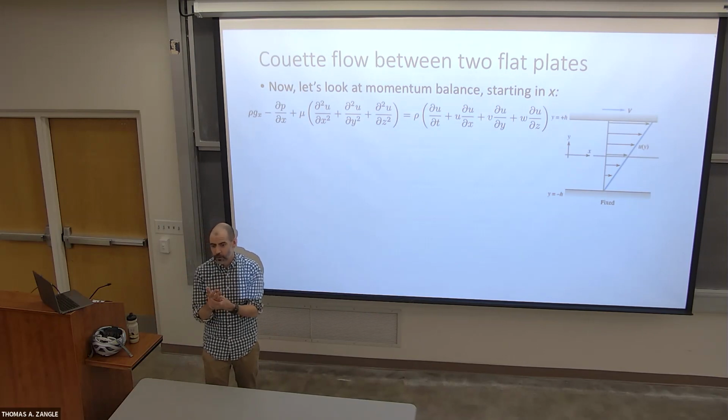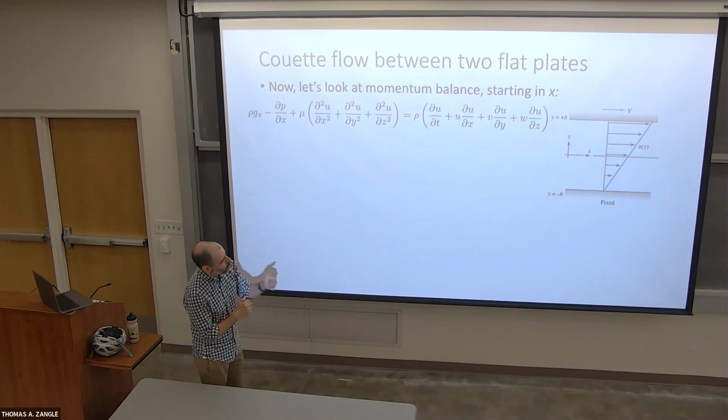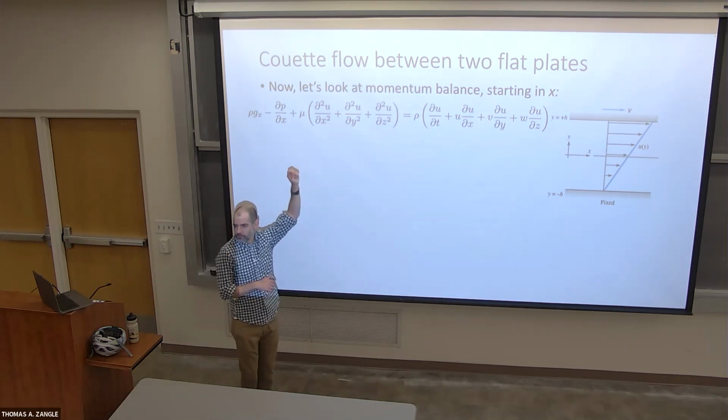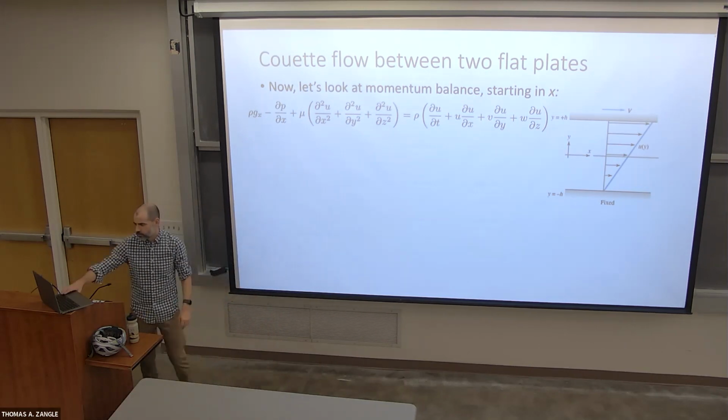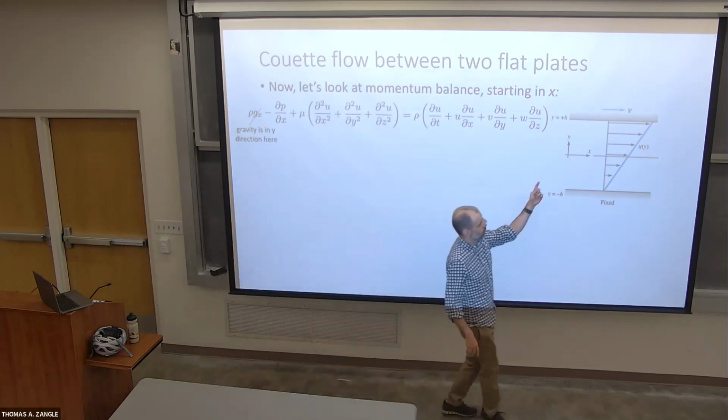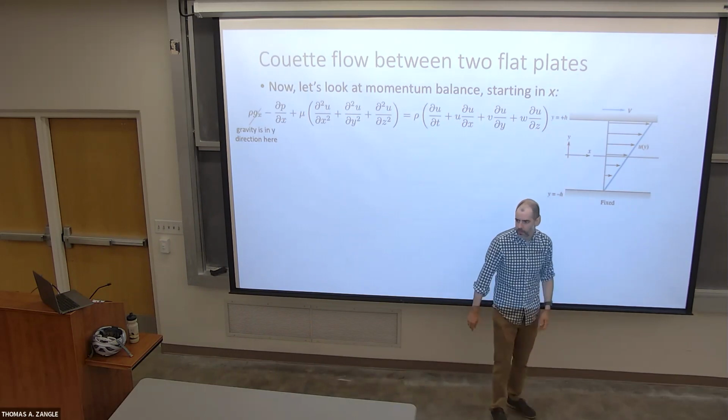We know it's a Newtonian incompressible fluid, so we know that this holds, but now we're going to start canceling things out. Gravity in this case is in the y direction. Let's say y is pointing up, gravity is going in the y direction.